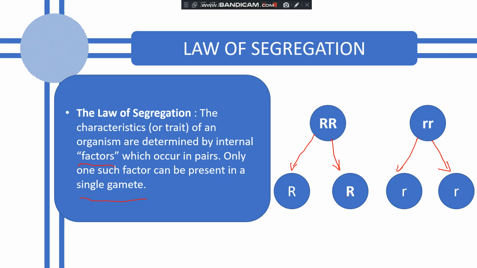In each gamete only one factor goes. Based on this, the law of segregation was given, which states that all the characteristics are determined by internal factors which always occur in a pair, and when the gametes are formed, only one factor goes into each gamete.